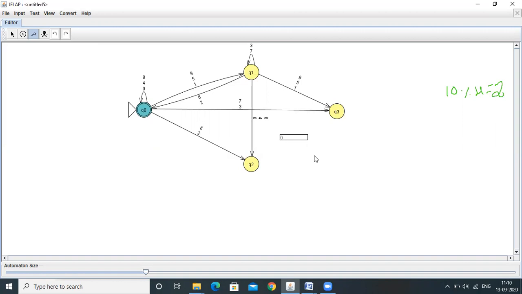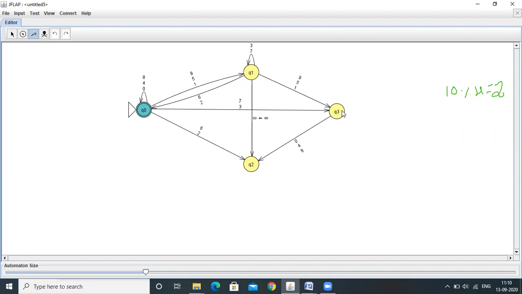Q3 on 4 becomes 34, remainder is 2 only. Q3 on 8 also goes to Q2. So on 048 we defined. Now we will define on 159.